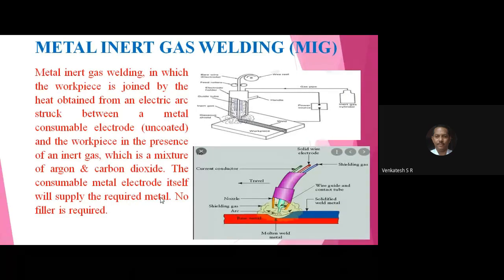Now all of you, please write down the question. This is very important. Mark it, all of you, very important. In question number 8, almost all the question papers have this question. Write down: explain briefly with neat sketch tungsten inert gas welding.